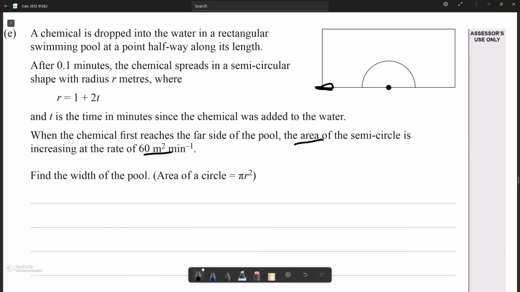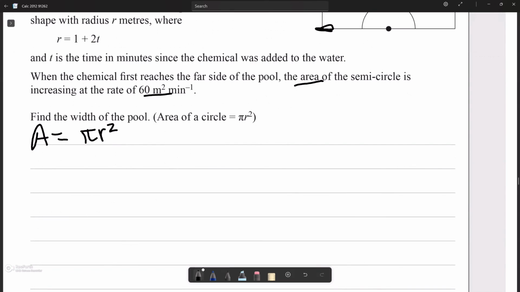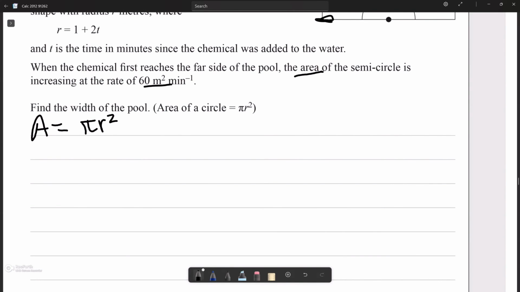Right, so the area is increasing at this rate of 60. So if area is equal to pi r squared, then the rate of change of the area, dA over dr, will be equal to 2 pi r, which is circumference, or basically pi times diameter.